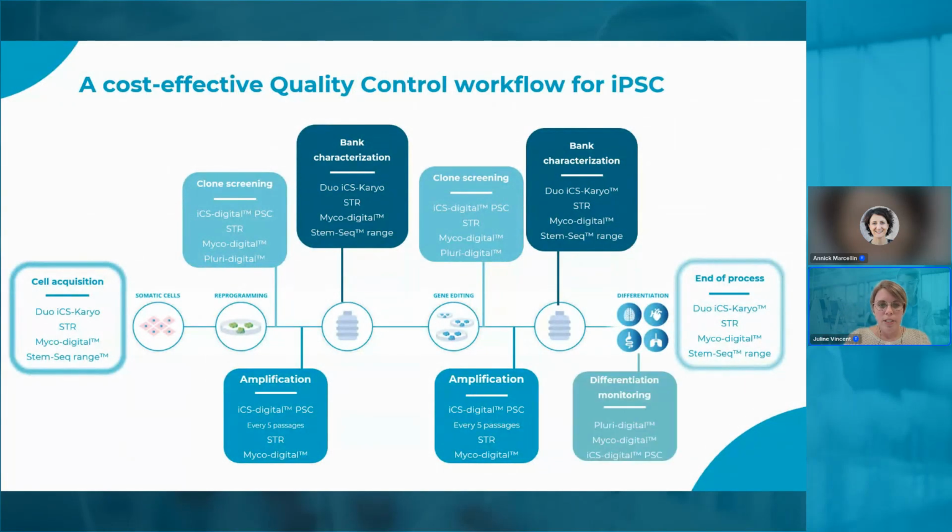And after differentiation, we recommend using pluridigital tests to demonstrate hPSCs' ability to differentiate into all somatic lineages. And for this step, sterility and genomic stability must be tested too.